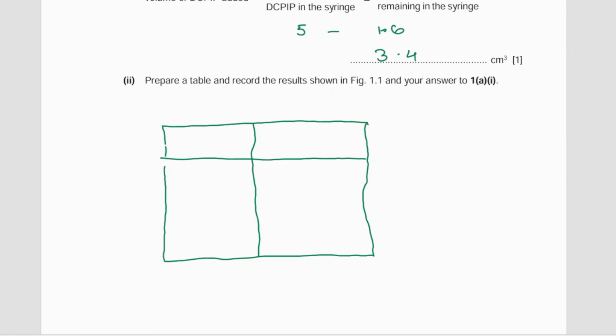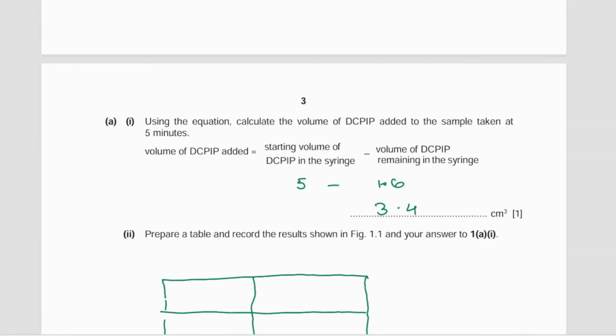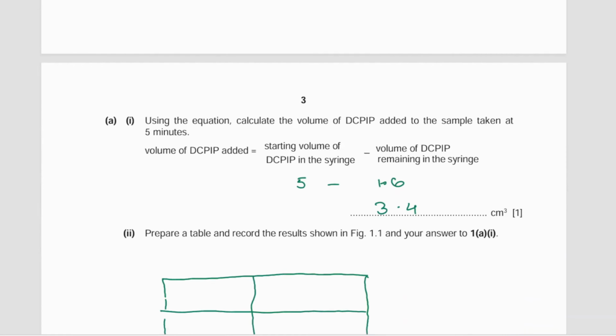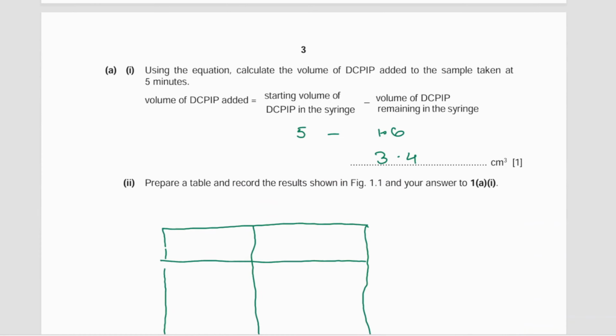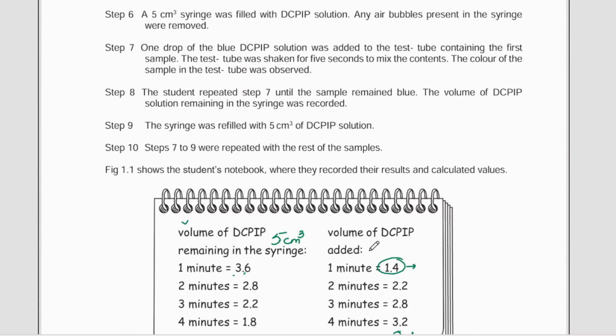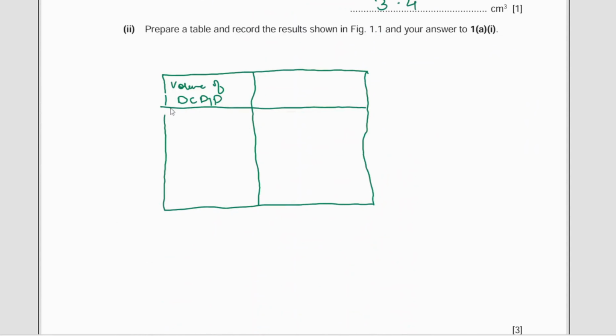So our heading should be, what is the heading over here? Volume. DCPIP. Let's say volume of DCPIP added. Okay, we should write it here.